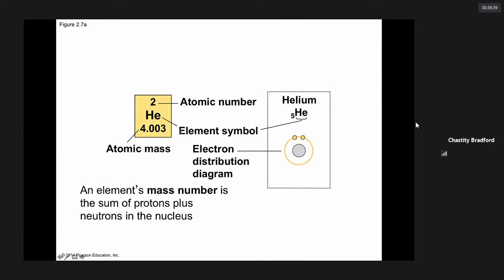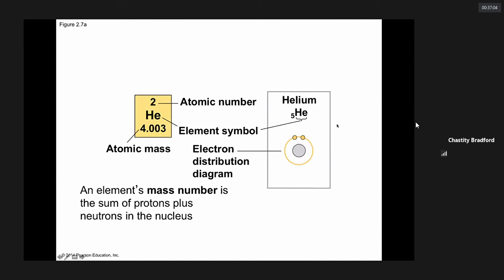Or what if I ask you, what's the atomic number? I will give you a diagram like this, or I'll just give you this electron distribution diagram, and you should be able to tell me some information. So the atomic number is 2 for helium. The atomic mass is 4.